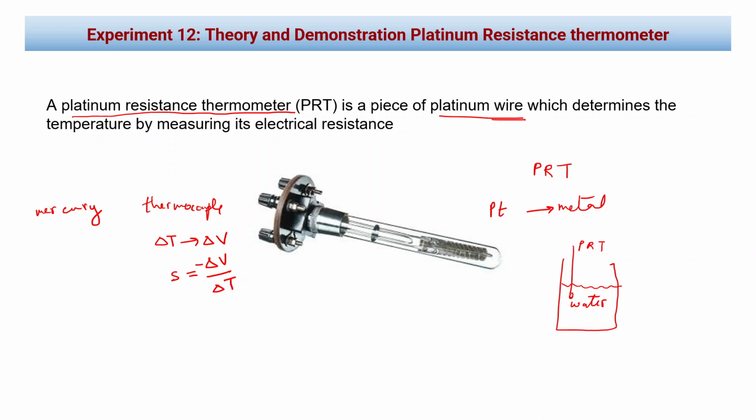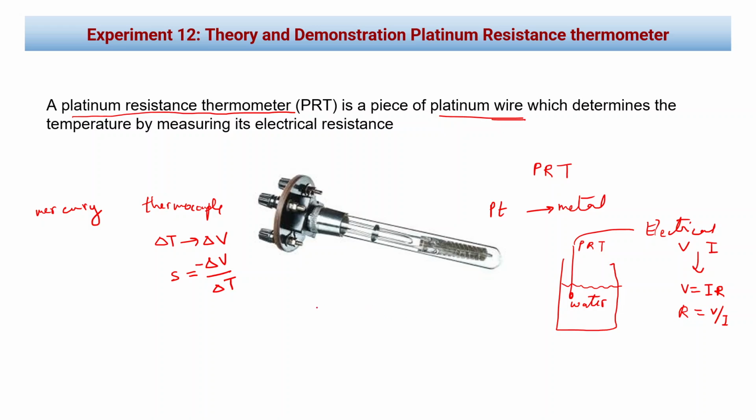So it should be immersed inside the water, and I'll connect it to my electrical component. There I'll see what is the voltage and what is the current of the platinum wire, and since from Ohm's law I'll be measuring voltage and current, I'll be able to calculate the resistance of this platinum wire.